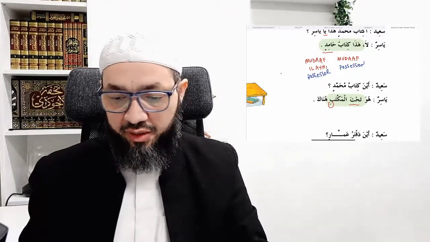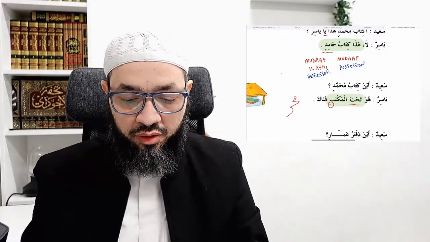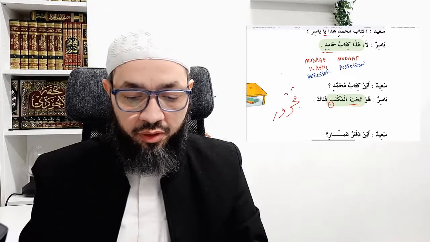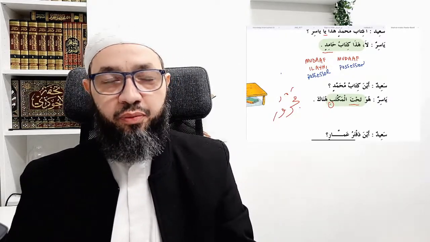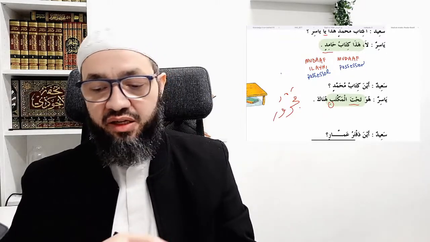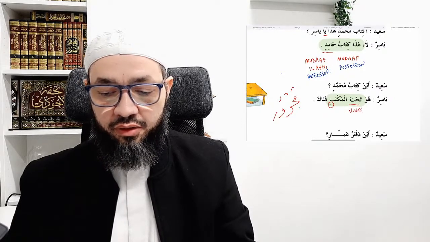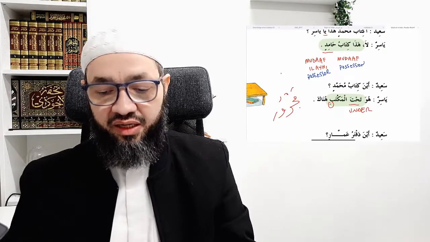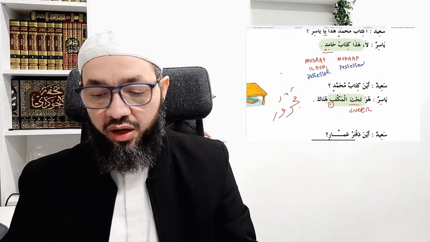It's called a majrur case ending. And for purposes of the grammar at the moment, it just means it takes a kasra ending. So any word after tahta, which means under, has a kasra case ending. That's the grammar. Huwa, it is.